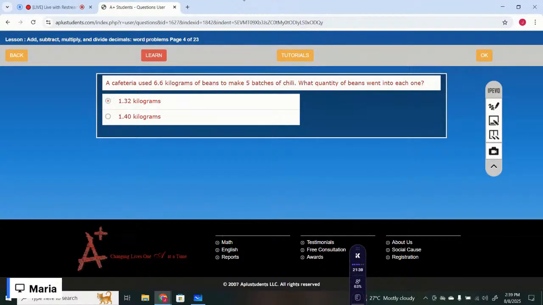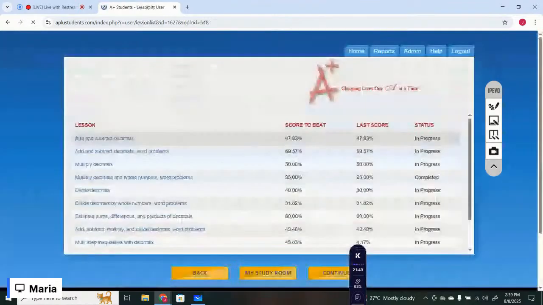That is 1.32 kilograms. Okay, you can complete the lesson by yourself later today.